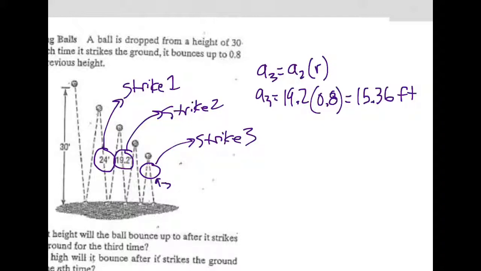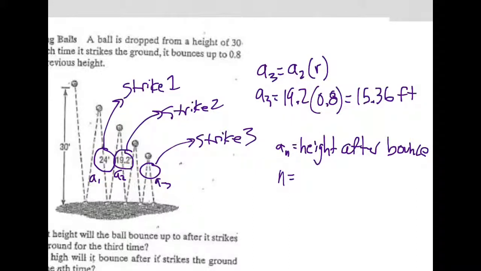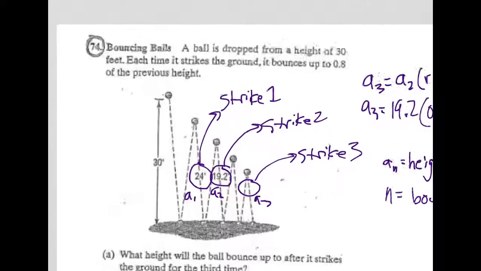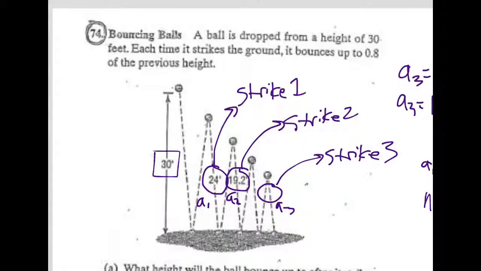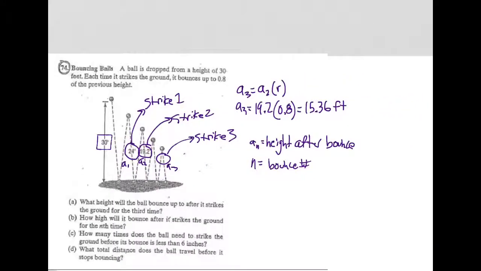My second term was the height after the second bounce, and my first term was the height after the first bounce, which means if this is my sequence where a sub n equals the height after the bounce, and n equals the bounce number, it means that this first number here, 30, isn't part of my sequence.